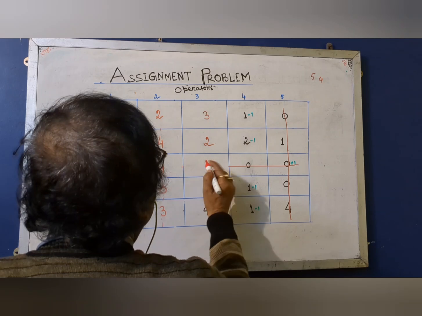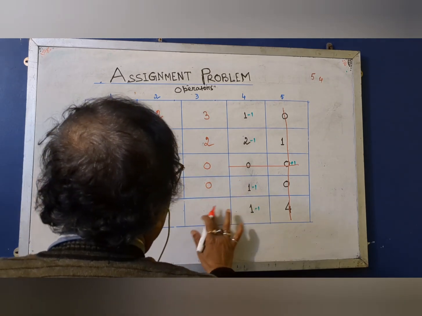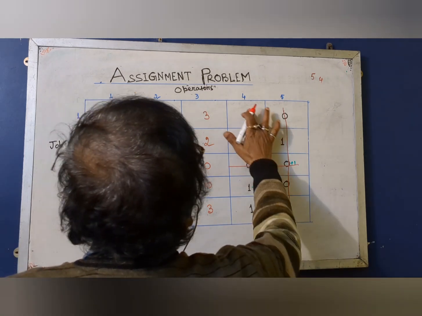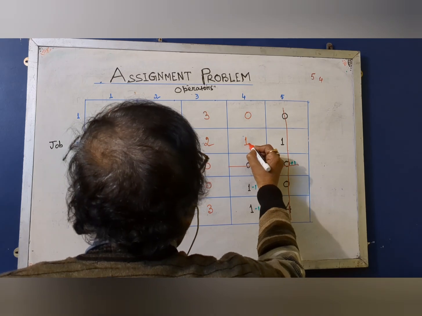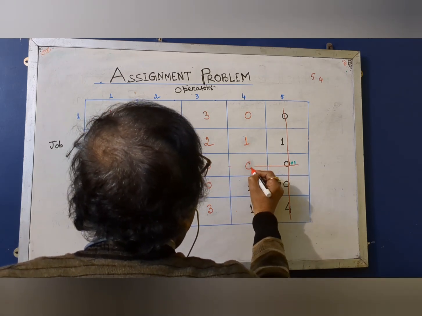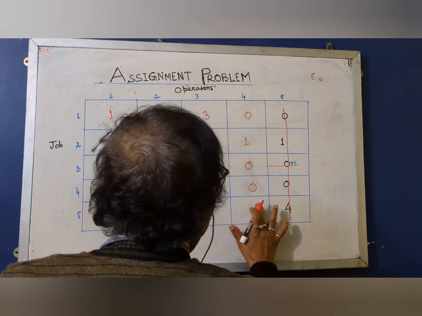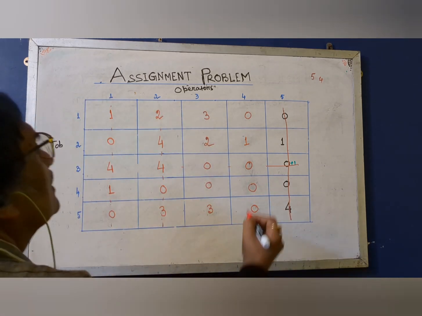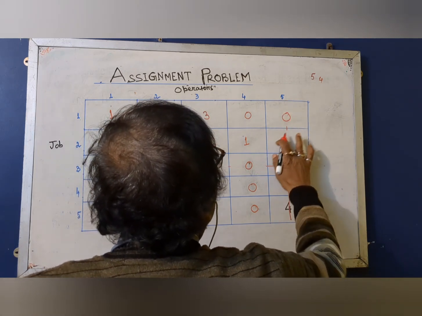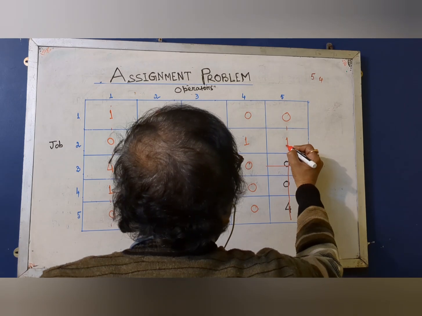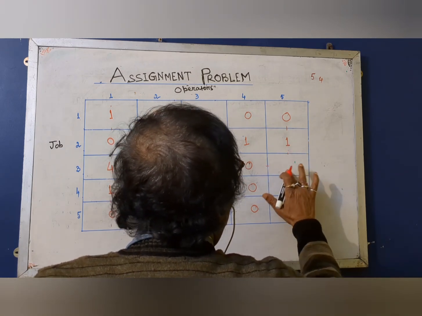That is 0, and this is 0, and this is 3, and this is 0. 1 minus 1 is 0, and this is 1. 2 minus 1 is 1, and this will remain the same as the line passes over it, and this is 0, 0, and this is also 0, and finally this will remain the same 0, and this will remain the same, nothing changes 1, but 0 plus 1, that's why the revised one will be 1.